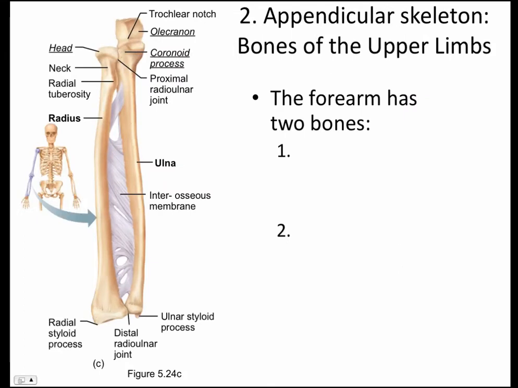All right, other articulations, looking at now the forearm. Over here, 2 bones, the radius and the ulna. Radius. This is going to articulate with the humerus.